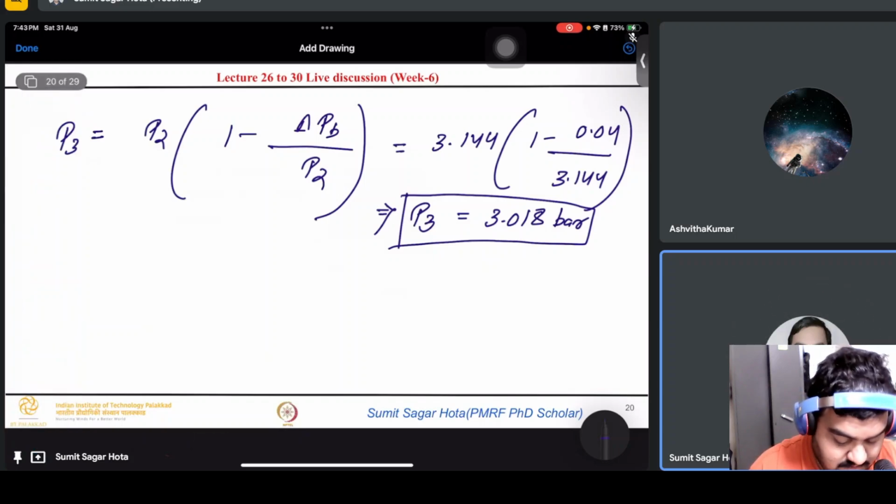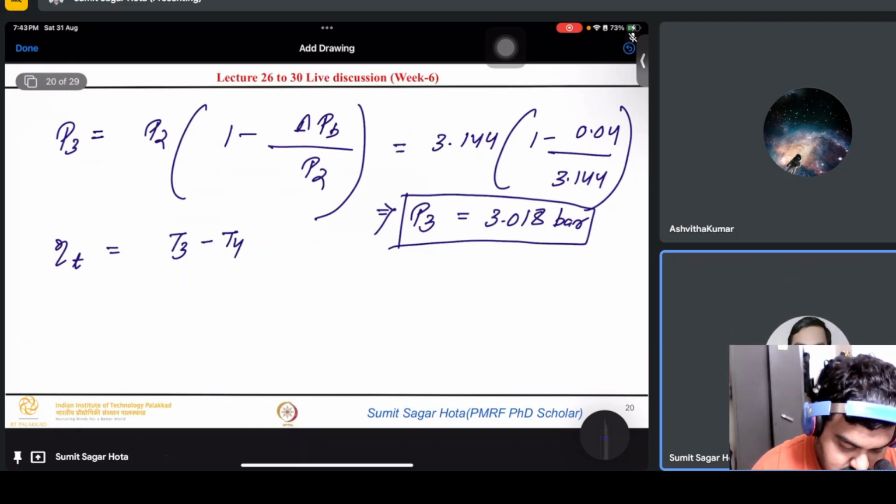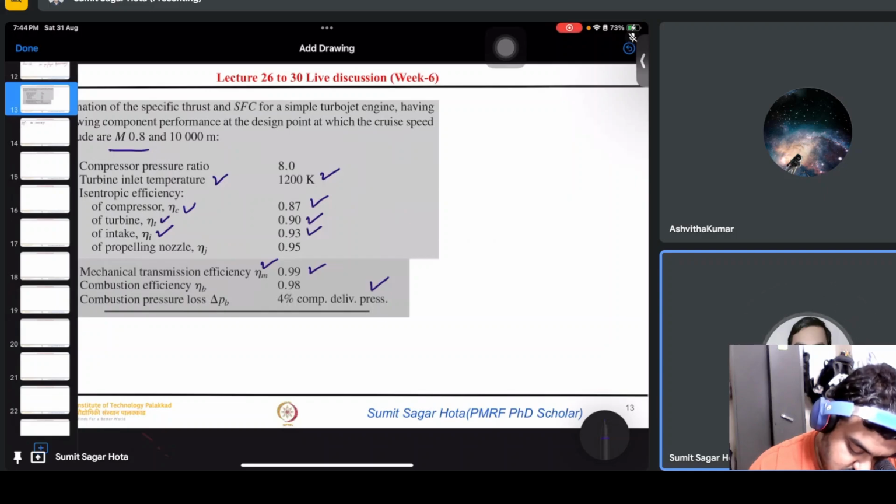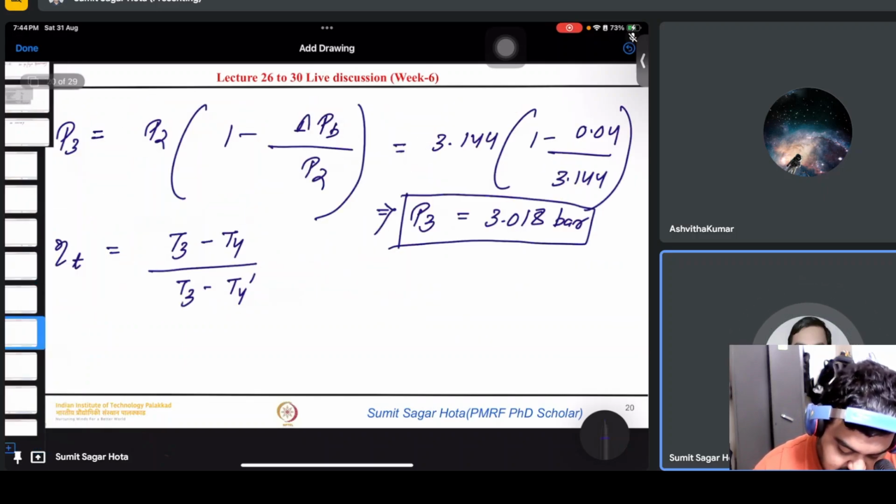So the isentropic efficiency of the turbine is equal to T3 minus T4 divided by T3 minus T4 dash.